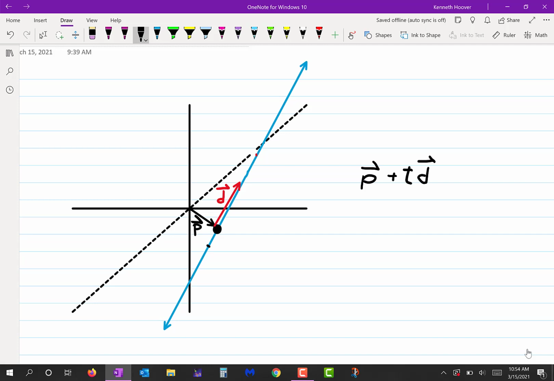Okay, every point on that line can be described by that equation for some value of T. So if we would like to call that line L, then I can have an equation L of T equals vector P plus T times vector D. And by the way, that would give me a vector, right? So that's called the vector equation for the line.